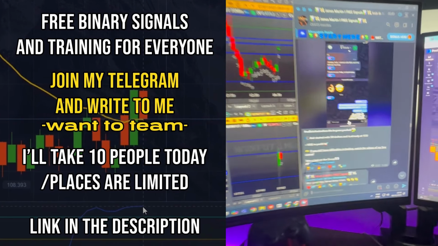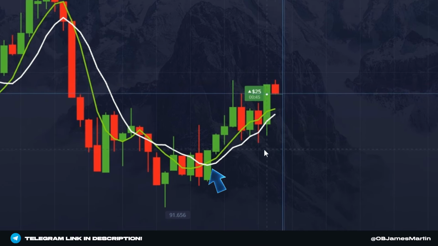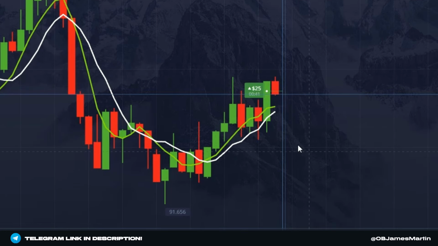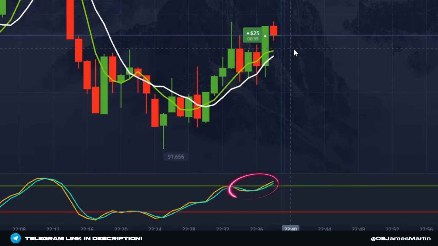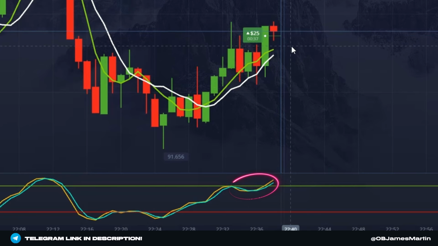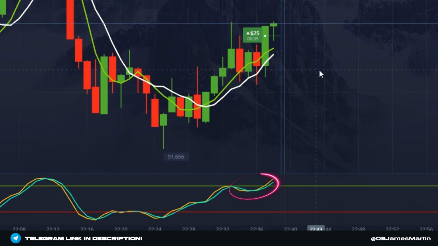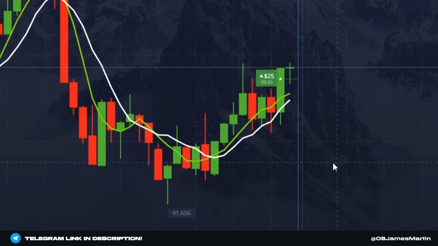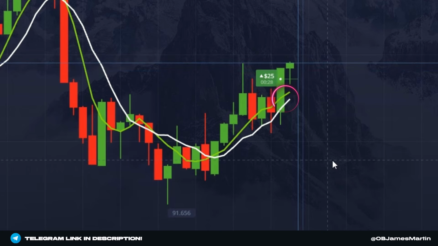See you there, guys. Again, I look at the stochastic oscillator, lines crossing each other and going up. That's a very good signal, but I don't limit myself to this indicator and also look at the green and white lines of the moving average. Remember that.